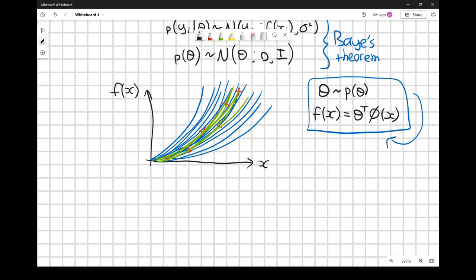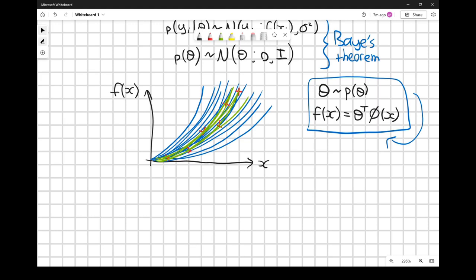So now we're going to say, well, rather than this two-step process where we generate samples of theta and then generate samples of f, why don't we just generate samples of f directly? Because ultimately that's what we want: to propose these different lines.